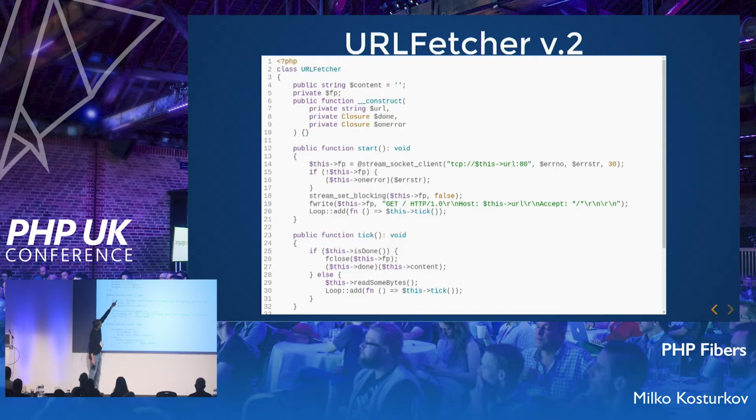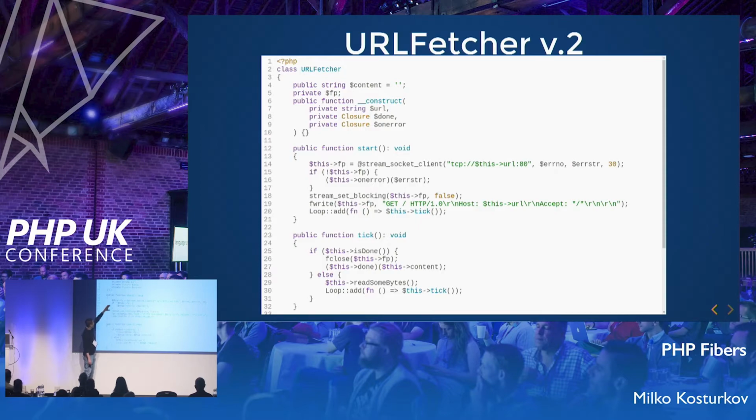If you notice, we have done and on error callbacks now. If we're not done, we're going to read some bytes and then add a callback to the loop here, and the callback will just call tick again.